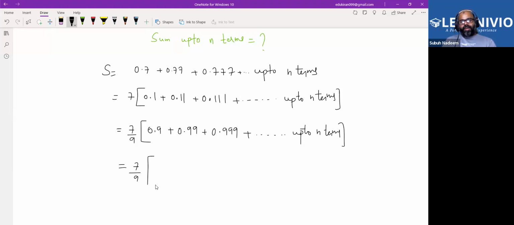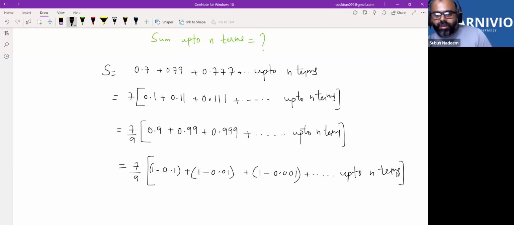Till here, everything is fine. 0.9 can be written as 1 minus 0.1. 0.99 can be written as 1 minus 0.01. 0.999 can be written as 1 minus 0.001. And similarly up to n terms. We write it like this.